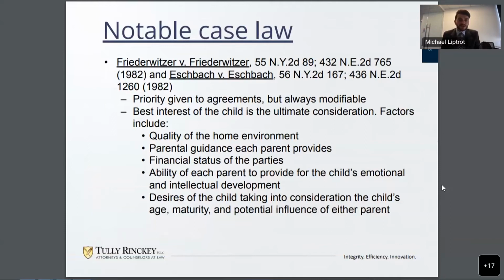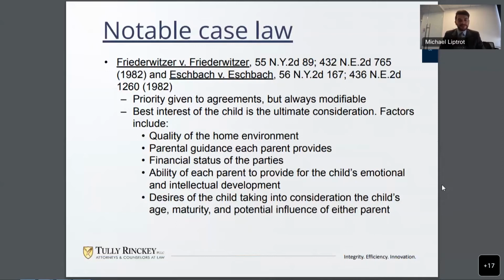Okay, so here's the big case law. If you're filing a custody or modification petition, making legal arguments, or reading legal arguments, you are probably seeing reference to these two cases, Friederwitzer and Eschbach.